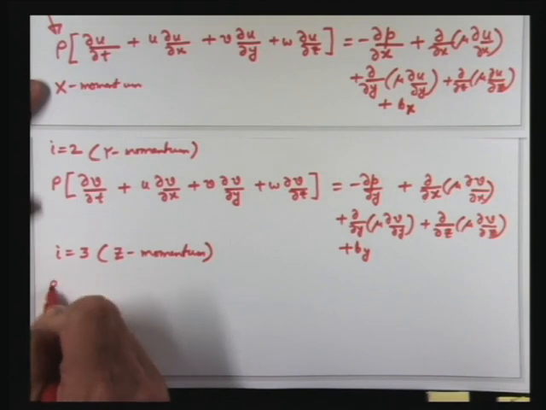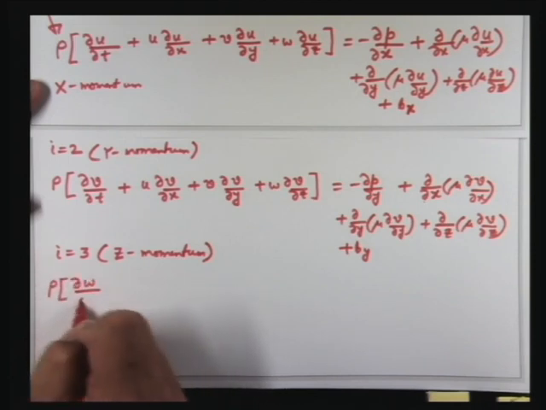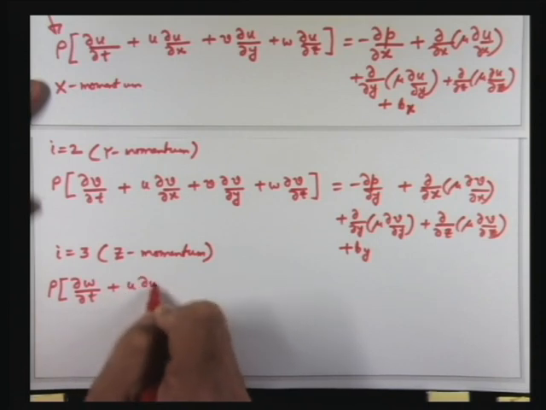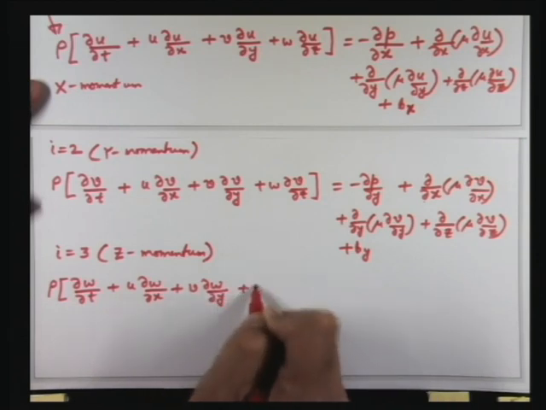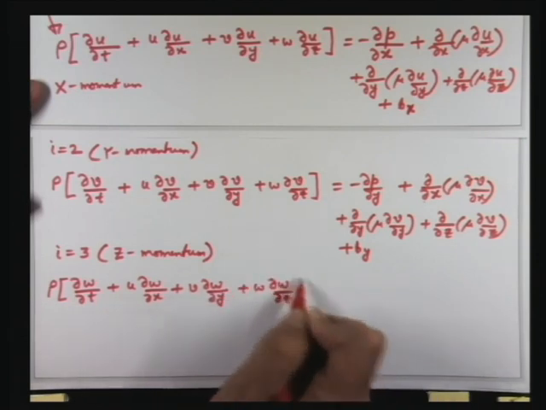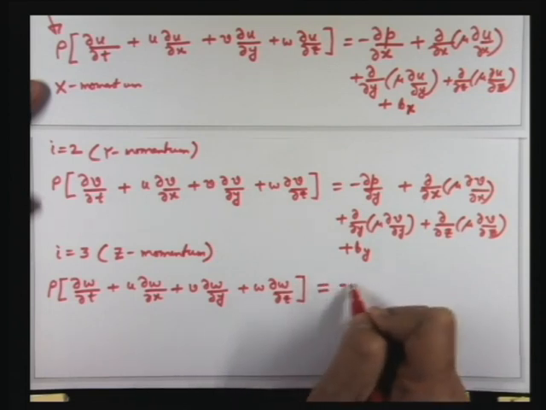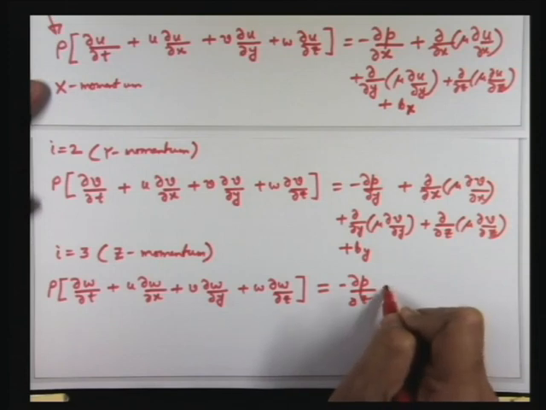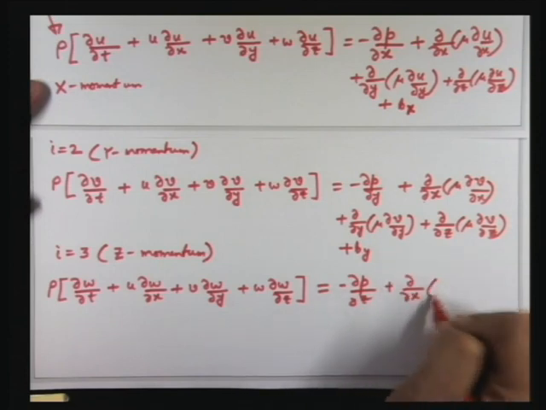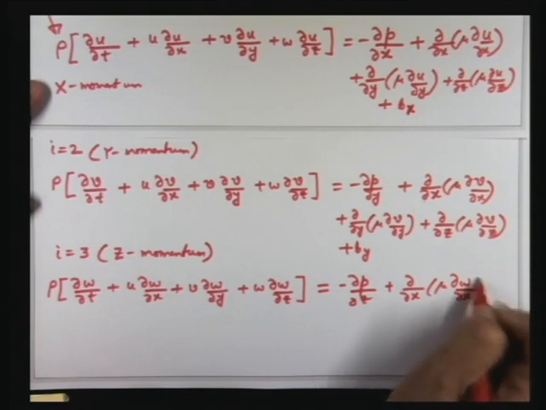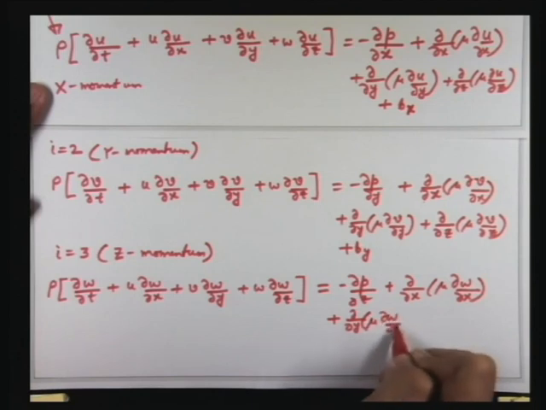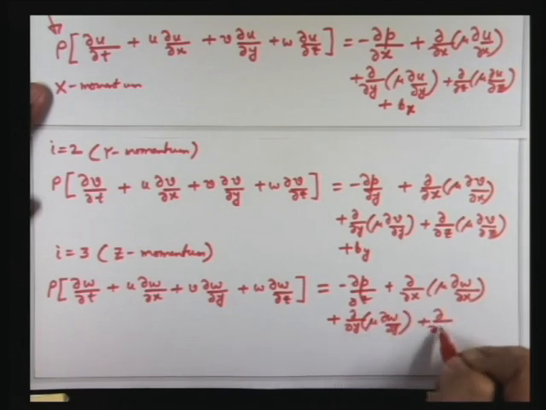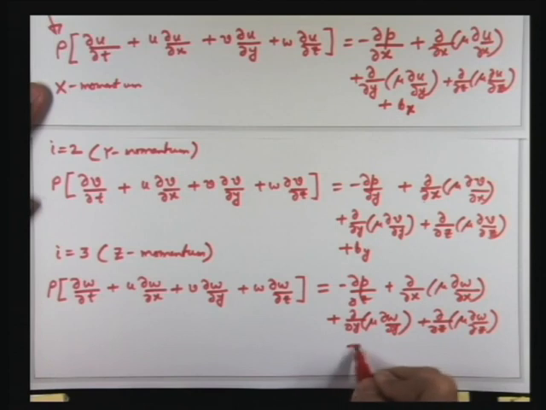So rho del w del t plus u del w del x plus v del w del y plus w del w del z is equal to minus del p del z plus del del x of mu del w del x plus del del y of mu del w del y plus del del z of mu del w del z plus bz.